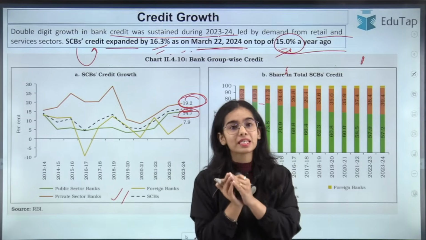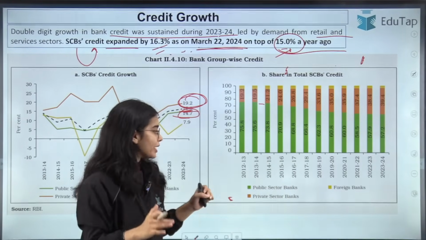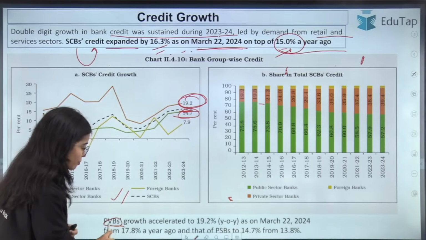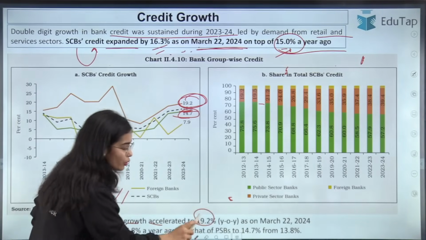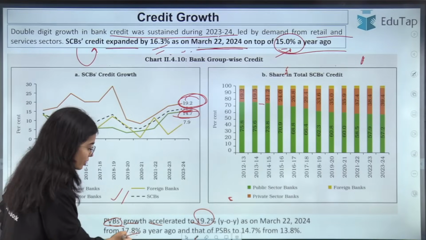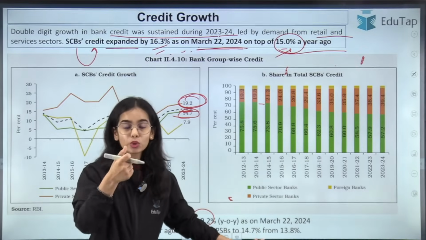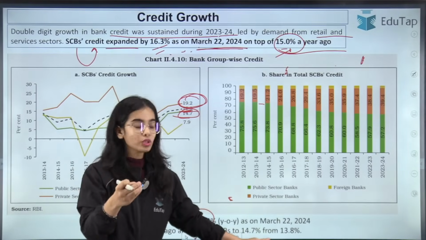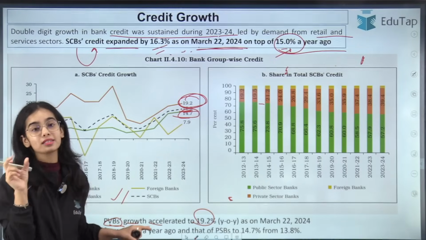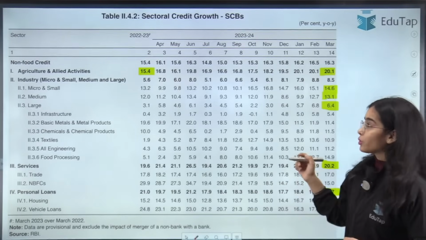So, the main idea is that the private sector banks' growth accelerated to 19.2% as on March 2024 from 17.8% a year ago. And the PSBs also have seen growth in their credit, but it was not as high as the private sector. So I hope this is clear. Now coming to the next data point.